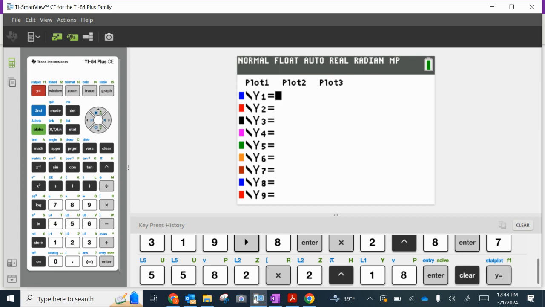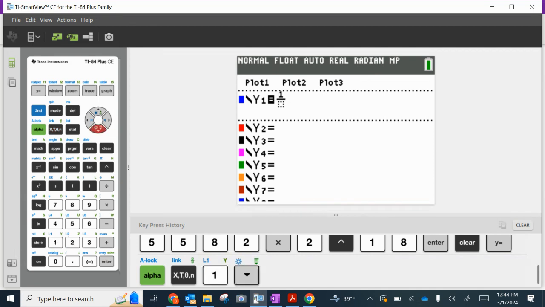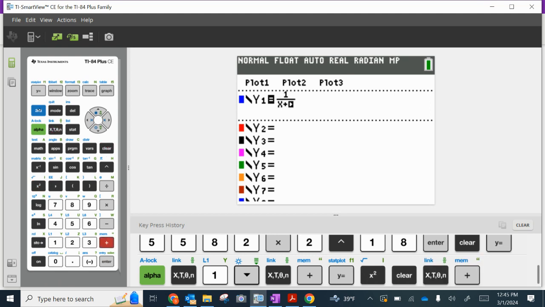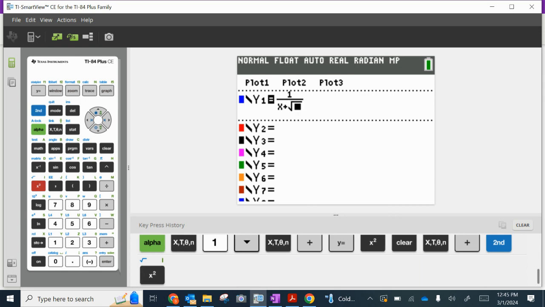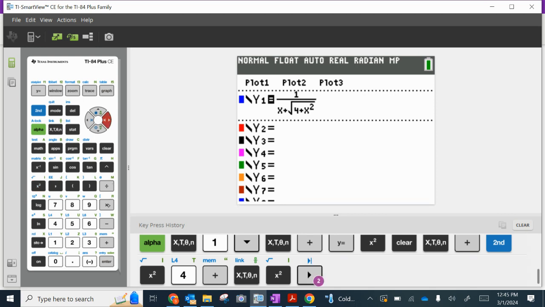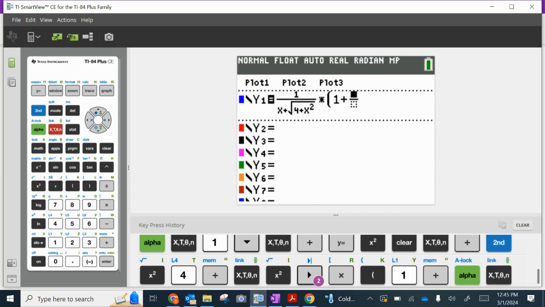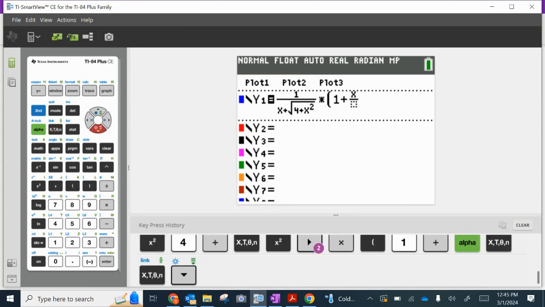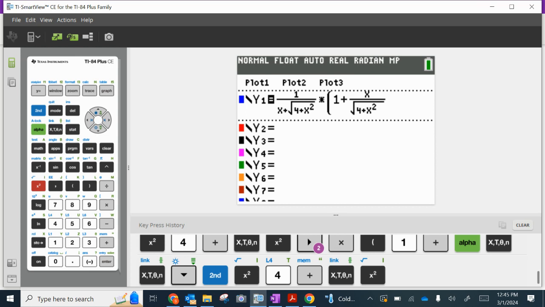I had 1 over x plus the square root of 4 plus x squared times, in parentheses, 1 plus x over the square root of 4 plus x squared.